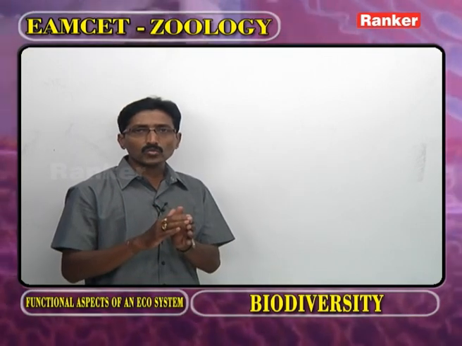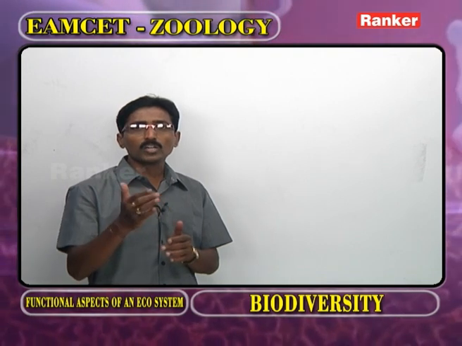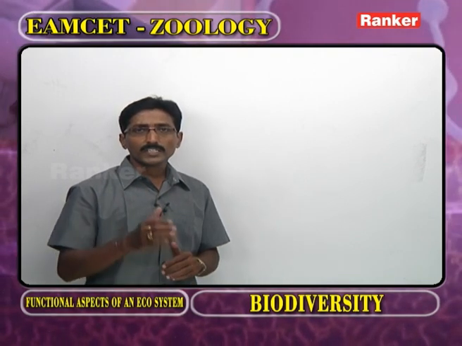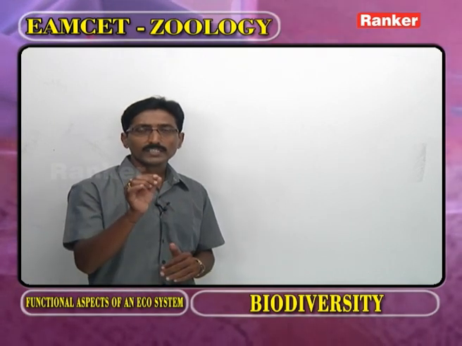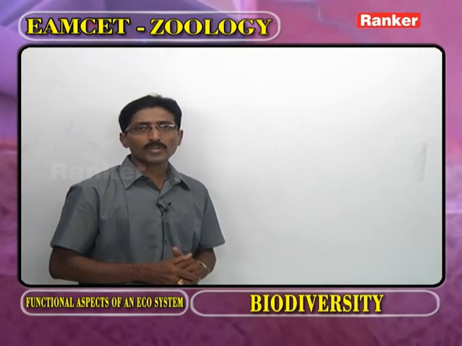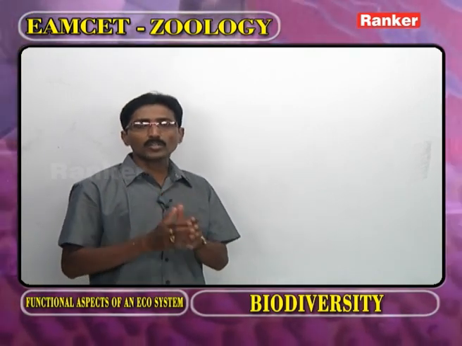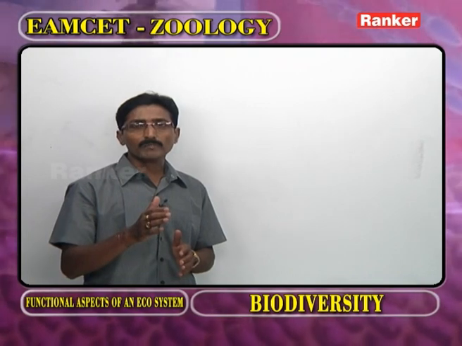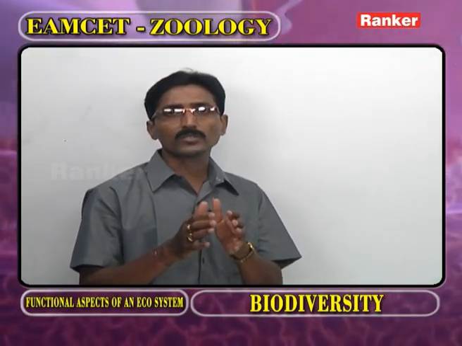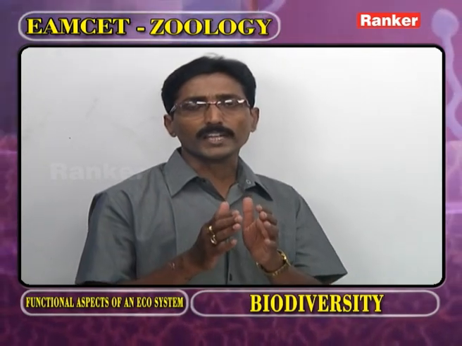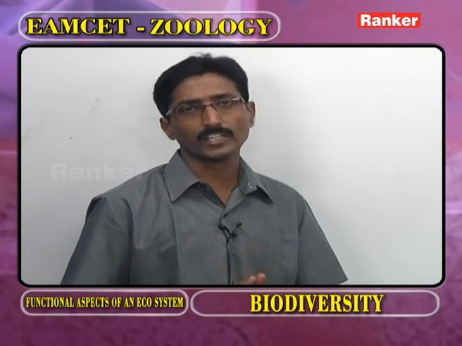In addition to green plants and phytoplankton, chemoautotrophs are also present. The chemoautotrophs are also producers, but they prepare their own food material by using chemical energy. On producers, the consumers depend. The consumers are broadly classified into primary consumers, secondary consumers, and tertiary consumers.